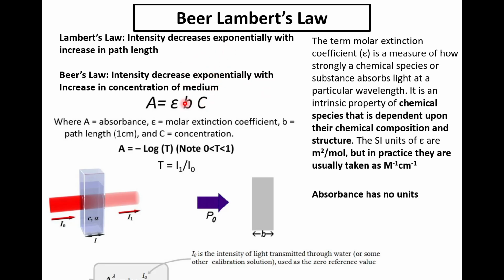When you remove this proportionality, a proportionality constant comes in, that is the epsilon value, which is also known as the molar extinction coefficient. This molar extinction coefficient is a measure of how strongly a chemical species or substance absorbs light at a particular wavelength. It is dependent upon the matter on which you are calculating the absorbance, as well as the particular wavelength.